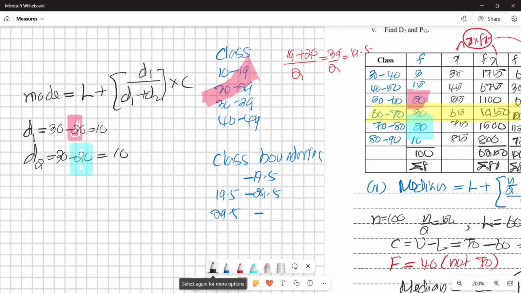L, the lower class boundary of the selected class, is 60. C, we already calculated, is 10. How to get 10? 70 minus 60.